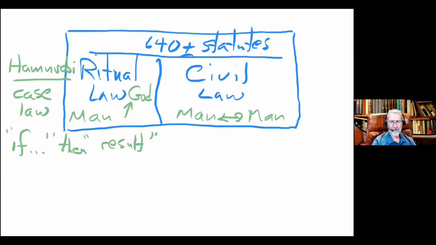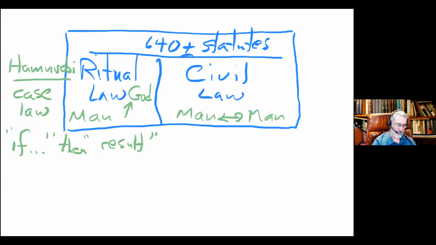Case law is produced by judges. Individual judges would sit and decide things, and the decision would be written down, and everybody would remember that.